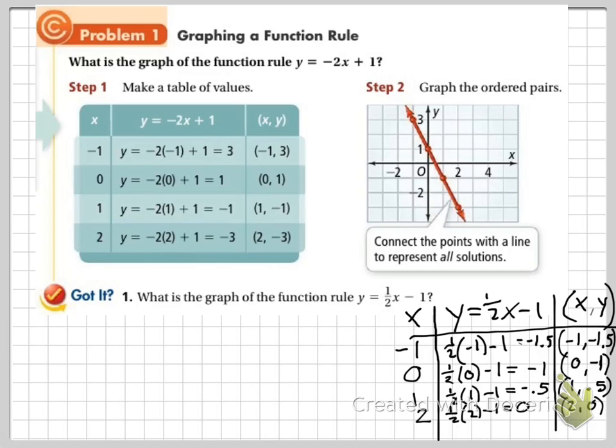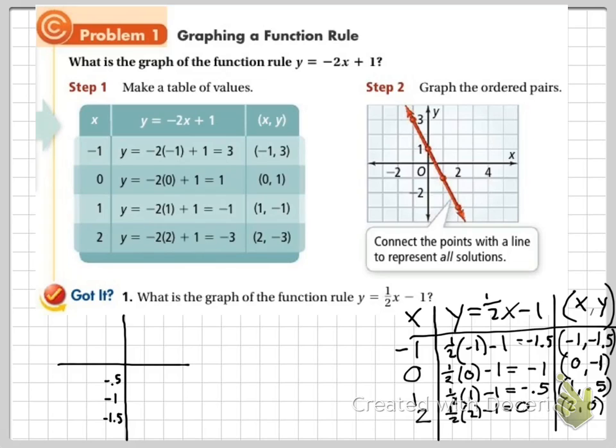So the smallest that my x is -1, and the smallest that my y is -1.5. So this is going to be negative, we'll do it in decimals, -1/2, -1, -1.5.